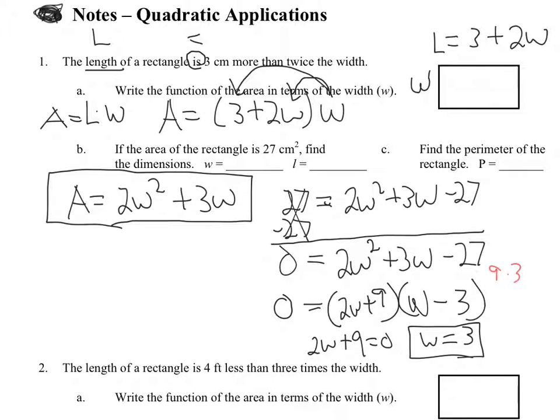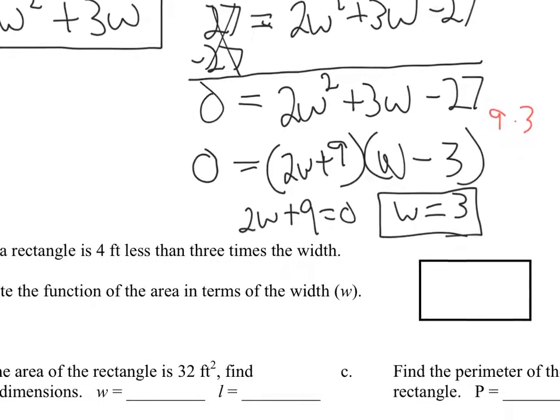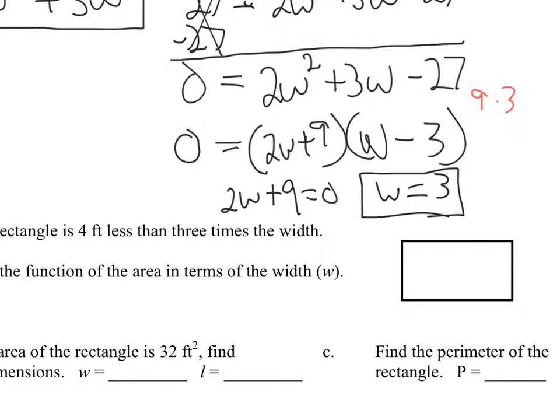I have this solution for the other solution, here, for 2W plus 9. We have to minus 9 to the other side, and then we have to divide by 2. So I'm just going to go ahead and put our answer here.